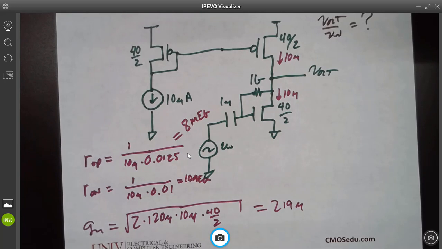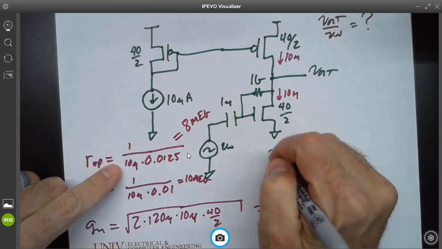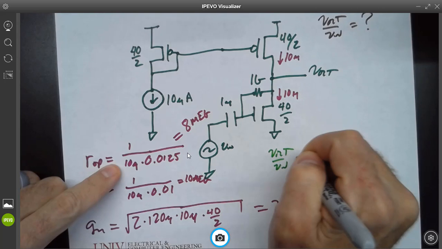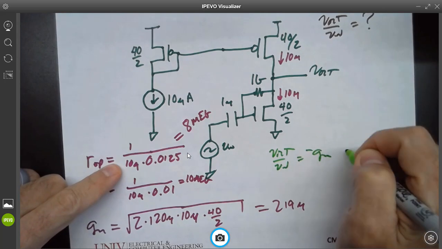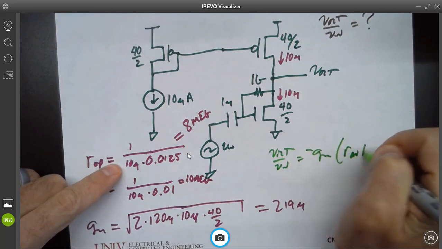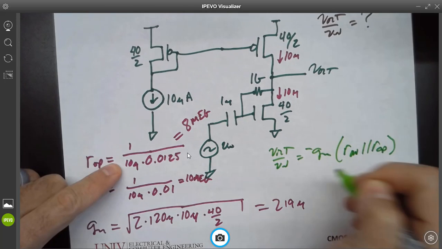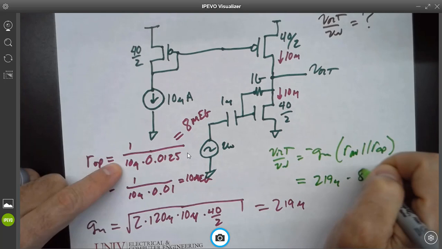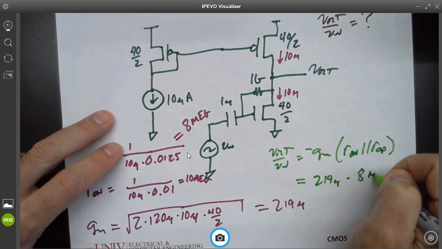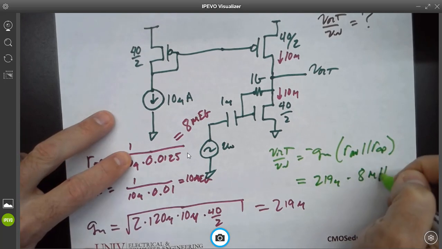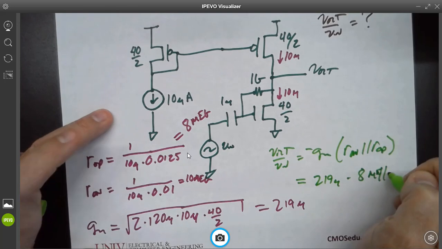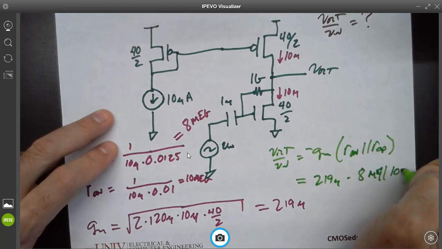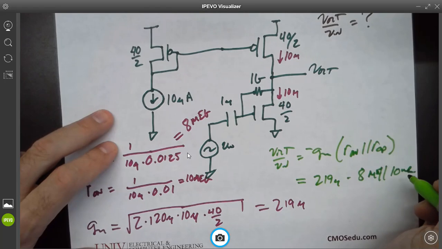And the gain is GM times R out N in parallel with R out P, or 219 micro times 8 meg in parallel with 10 meg. That'd be 80 over 18, which is 5, right?